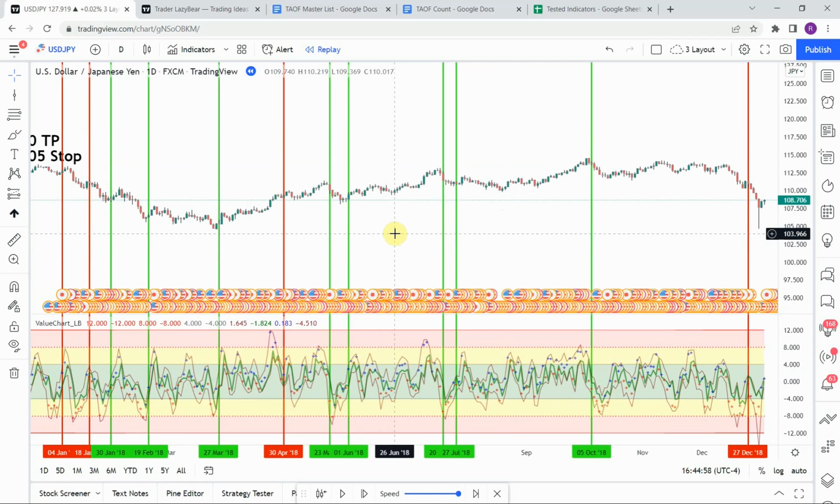Typically, I think in this instance, I would just go ahead and move on from this one. But again, I think we'll try it one other way just to kind of see how it works instead of using it as an overbought, oversold type situation. We'll try one other slight difference to it to see what that can do.